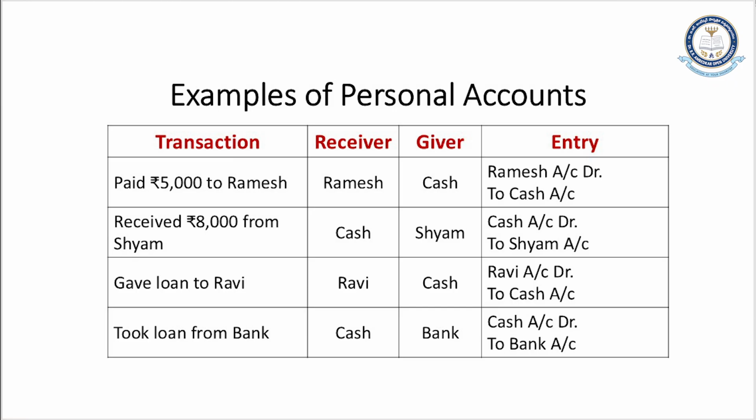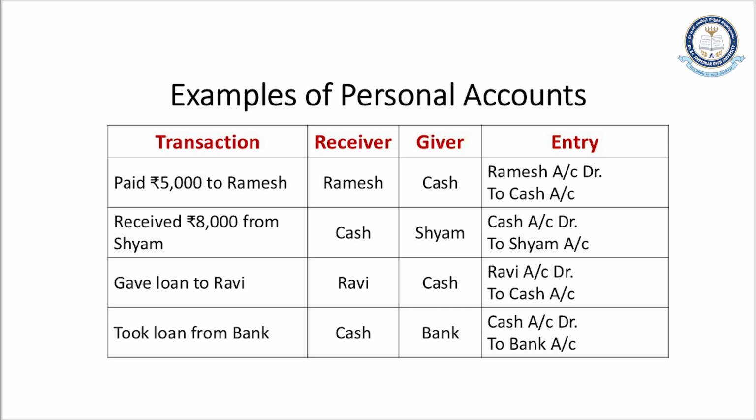Ramesh will be debited, and what we are paying is cash, so cash will be credited. Second example, the business received 8,000 from Shyam. So Shyam is the giver. Shyam is giving money to the business. So cash will be debited and Shyam account will be credited. So we are crediting the giver.